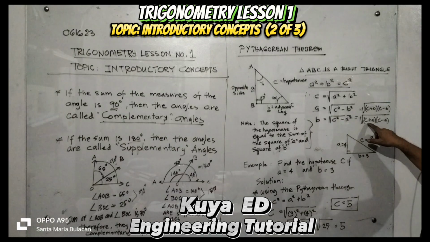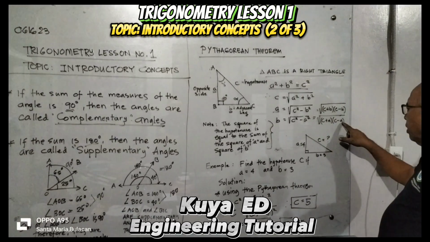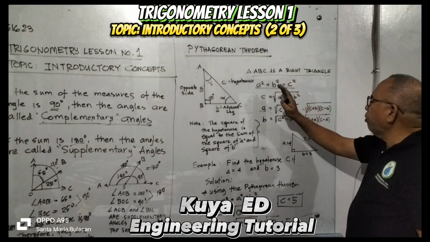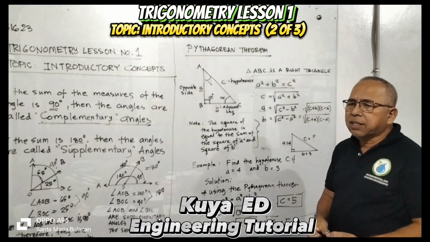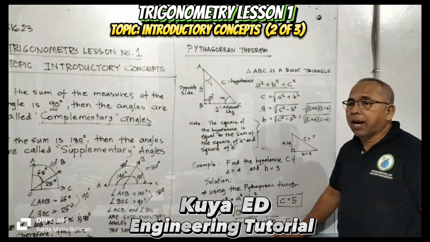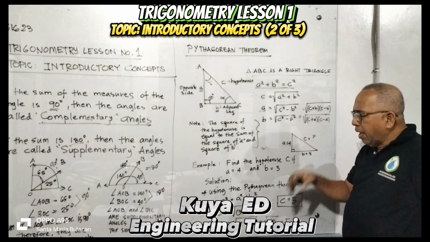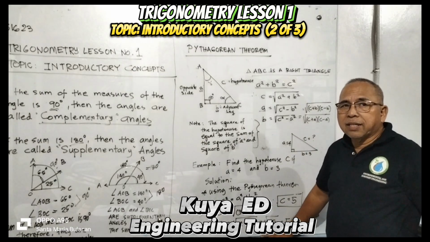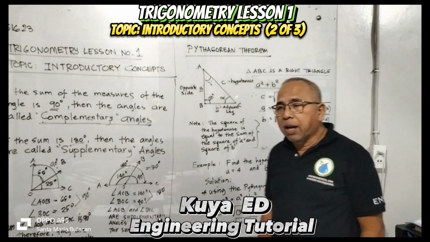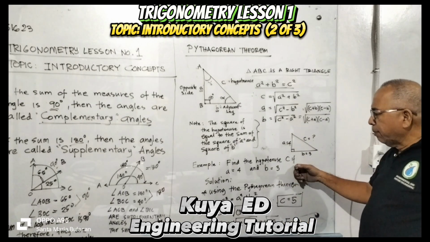Then, we have square root of C plus A times C minus A. So, yung process na ito, bakit nagkaganito, doon natin yan maunawaan sa algebra. Doon natin makikita ang mga proseso nito. Kaya, tingnan din ninyo yung mga vlog natin sa algebra kasi dinidiscuss natin ang mga processes. Ngayon, nasa trigo tayo. Okay, apply na natin.